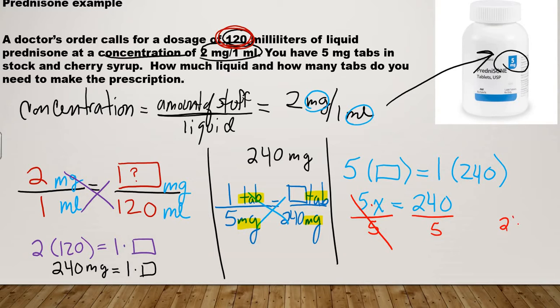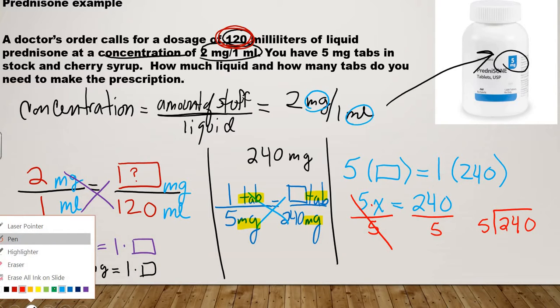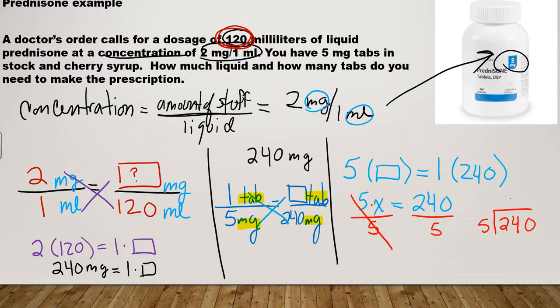So we're going to go 240 divided by 5. 5 goes into 24 4 times. 20, bring down the 0. 5 goes into 40 8 times. 40, remainder 0. So for this concentration, if I want 120 milliliters at this particular concentration, I'm going to need to crush 48 tabs of medication.